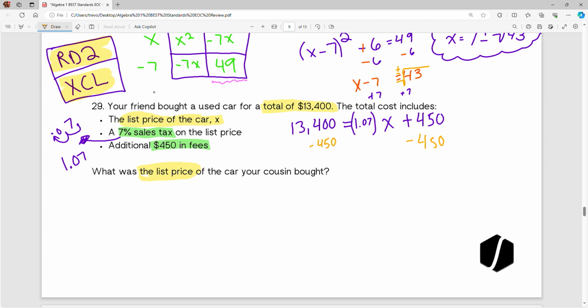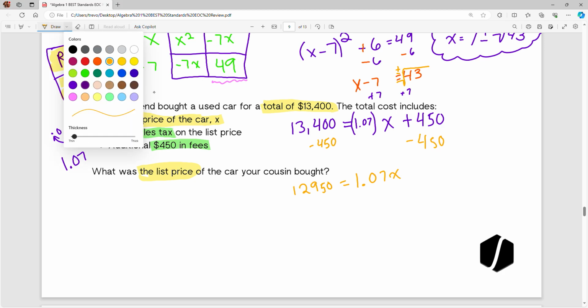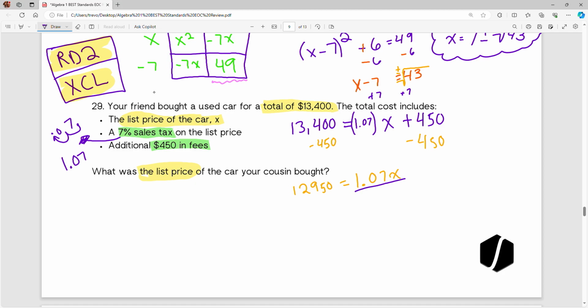And that's going to give me 12,950 on this side equals 1.07x. And now what is the 1.07 and the x doing together? There's no symbol in between. That means they are multiplying. So the opposite of multiplication is to divide both sides by that 1.07, so that these guys can cancel out to give me x, the list price of the car.